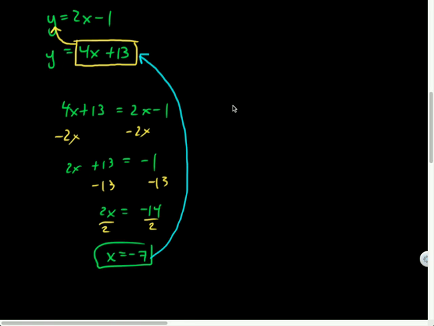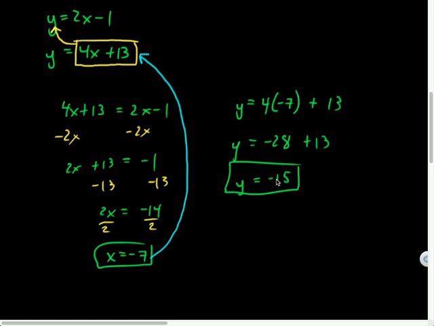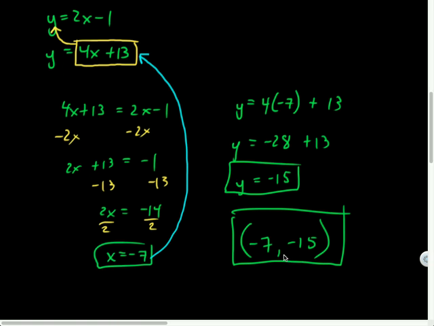So then you'd have y equals 4 times -7, plug it in with parentheses just like Indiana Jones would, plus 13, and y equals -28 plus 13, and that appears to be -15. And since they wanted it written as an ordered pair, we'd write -7 comma -15 like so. So that represents x position, y position. So, good.